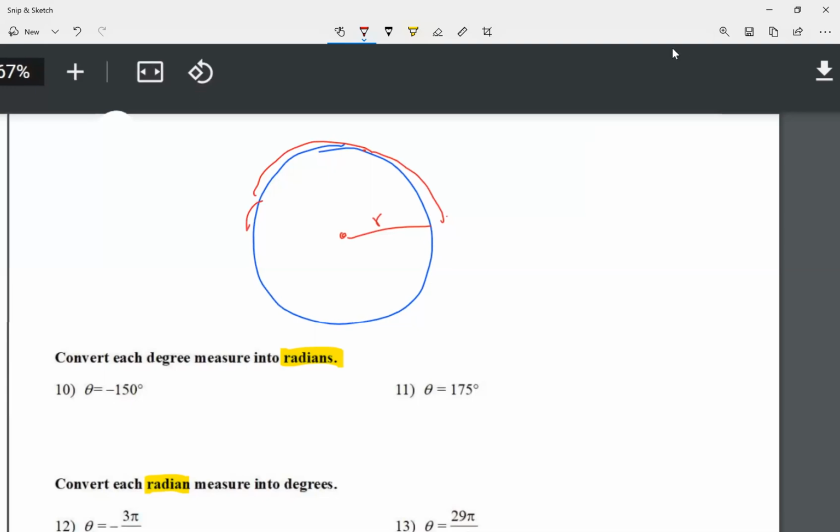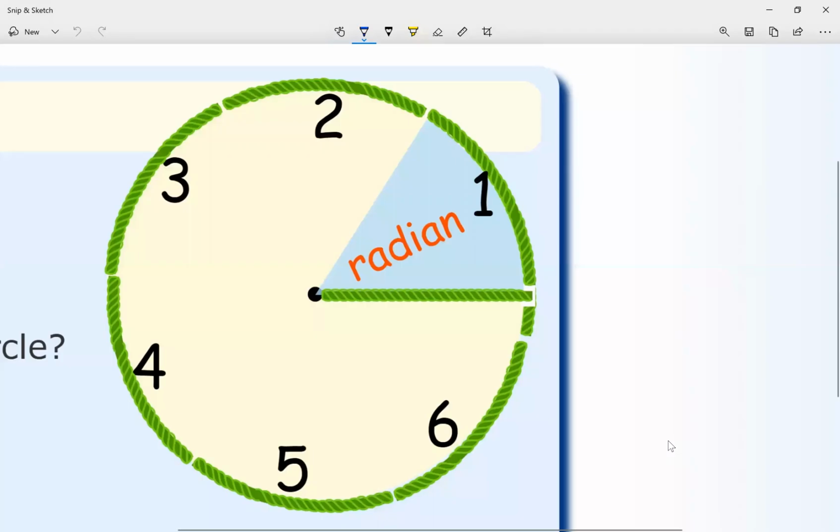Let me show you a better picture on the radians, how they would look like. So it looks like that. So I have 6 and a little bit more than 6, right? Notice I said a little bit more because notice here, it's a little bit more. So if I was to measure the radius of a circle and see how many radii, which is the plural for radius, are there around the circle, it's a little bit more than 6.